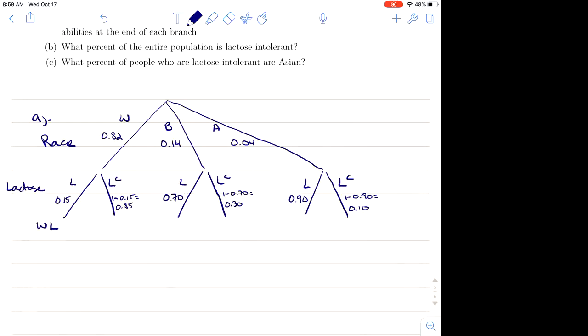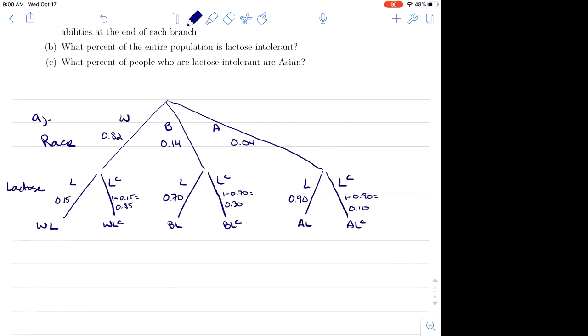So just listing all these outcomes at the bottom of each branch, W and not L, right. BL, B not L, AL, and A not L. Okay.